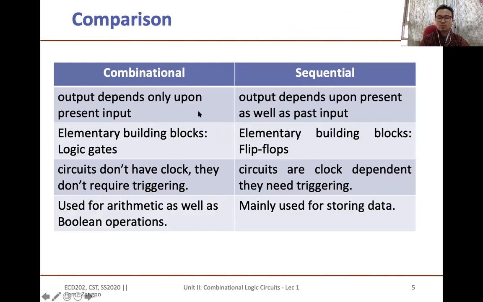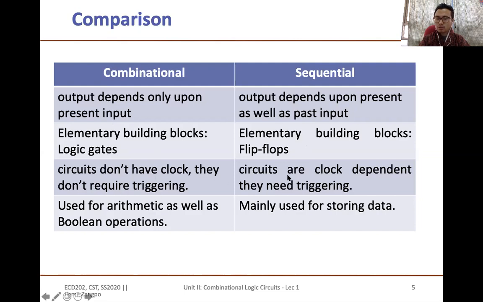Now, if I read what I have compared in my slide, in combinational circuit output depends only upon present input, whereas in sequential circuit output depends upon present as well as past input. The elementary building block is the logic gate in combinational circuit. In case of sequential, the elementary building block is the flip-flop. Similarly, combinational circuits don't have a clock, so they don't require triggering.